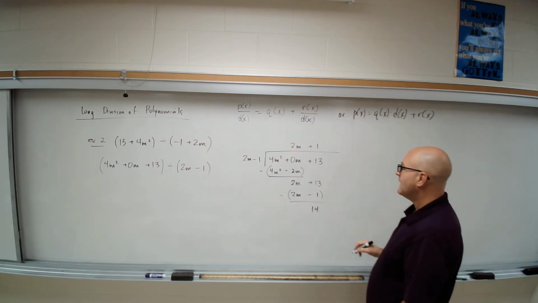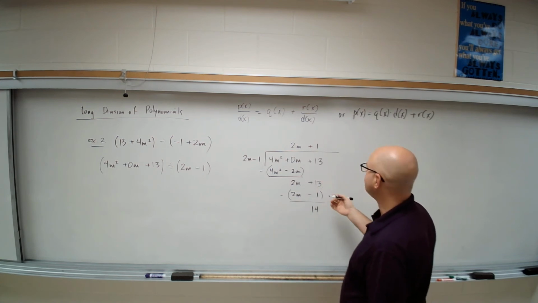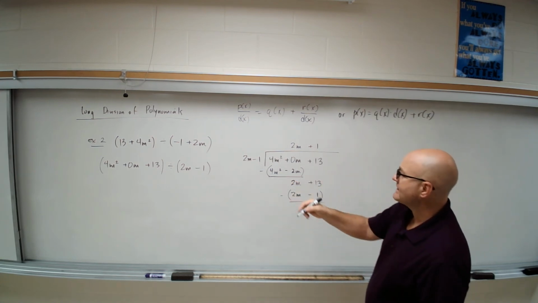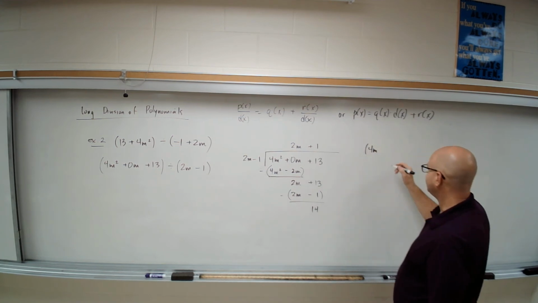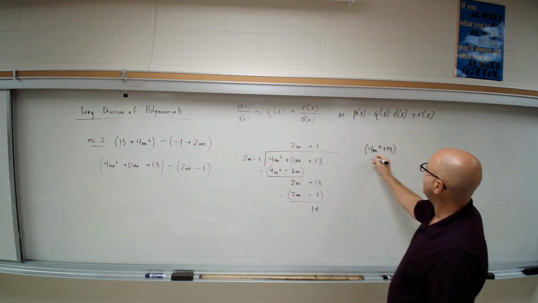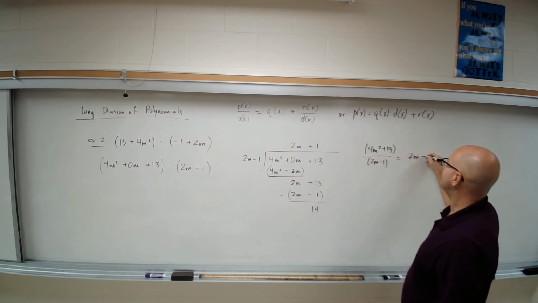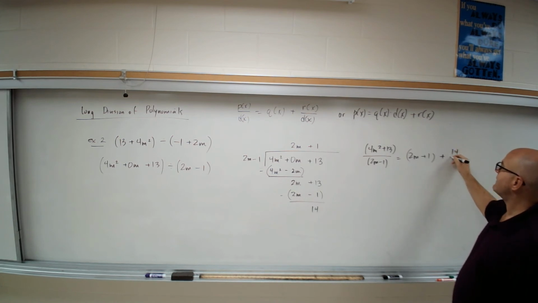So probably the best way to write this would be, well, let's see. If they ask us what was the original? Well, 4m squared plus 13 divided by 2m minus 1 is 2m plus 1, which is the quotient, plus the remainder over the divisor.